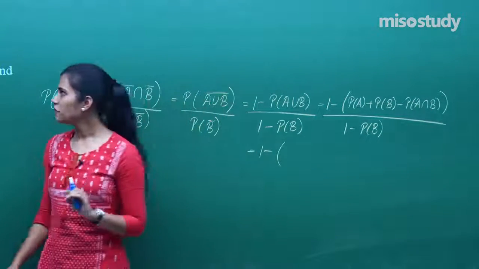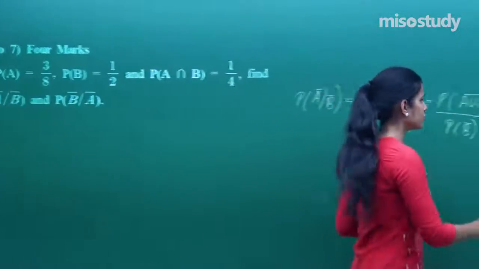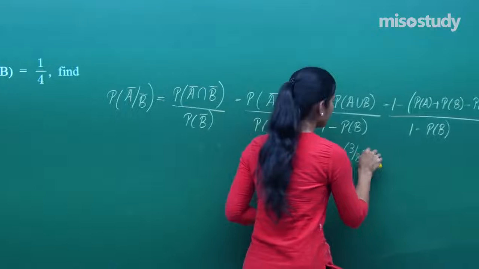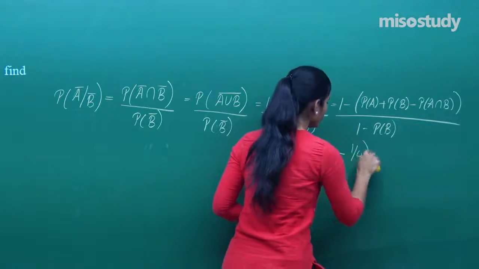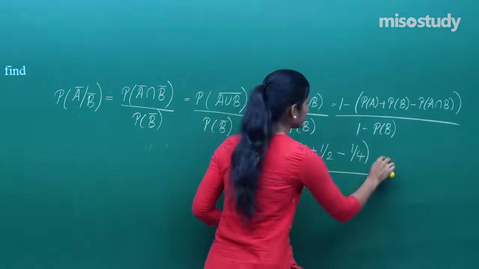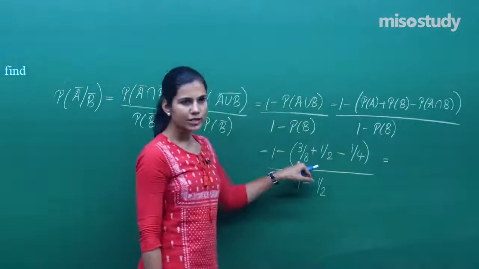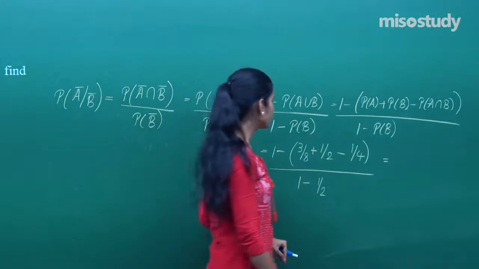What is this? Probability of A is given to be 3 by 8. Probability of B is 1 by 2. So you have 3 by 8 plus 1 by 2 minus 1 by 4 whole upon 1 minus probability of B is 1 by 2. What is this? LCM will be 8. You have 3 plus 4, 7. 7 minus 2 is 5.